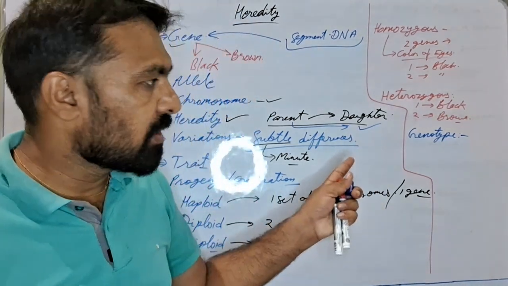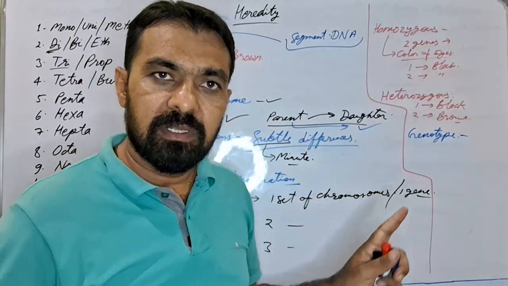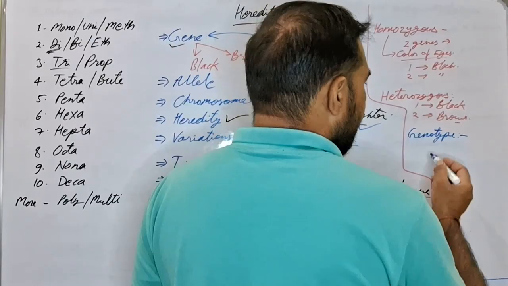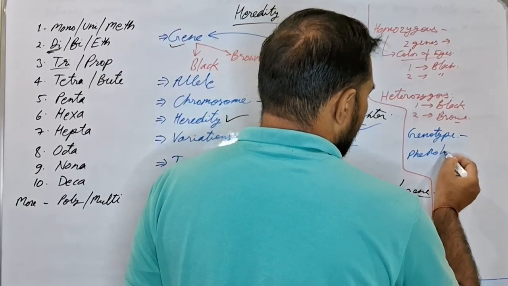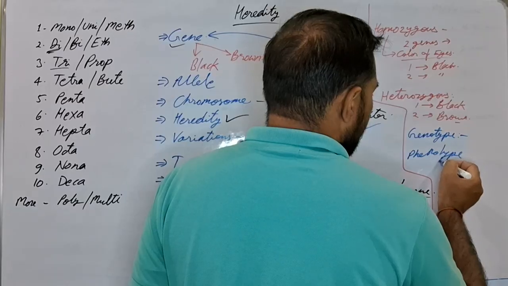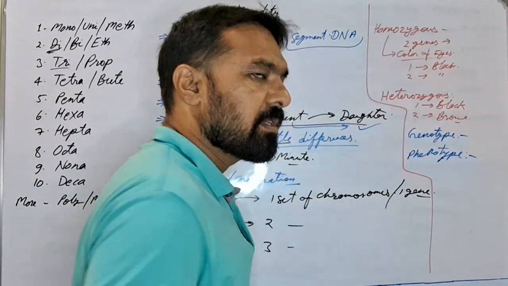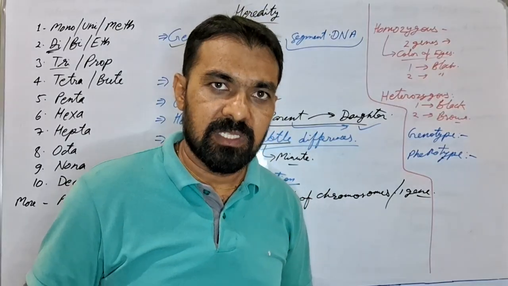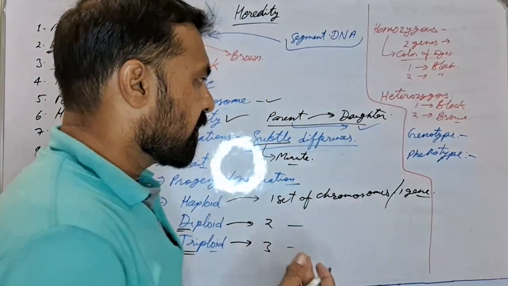We will discuss it when we discuss monohybrid and dihybrid process, and then we will discuss genotype furthermore. Next term is phenotype. What is phenotype? Phenotype means the ratio between different kinds of organisms on the basis of their appearance, such as height, such as color of flower, and so on.